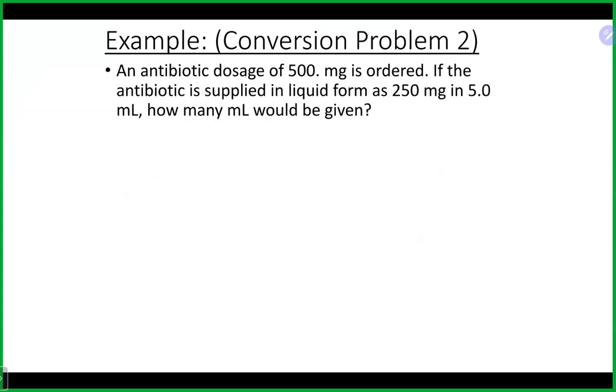I was trying another one here. An antibiotic dose of 500 milligrams is ordered. If the antibiotic is supplied as a liquid in the form of 250 milligrams in 5 milliliters, how many milliliters should you give the person? We want to give 500 milligrams of this antibiotic.